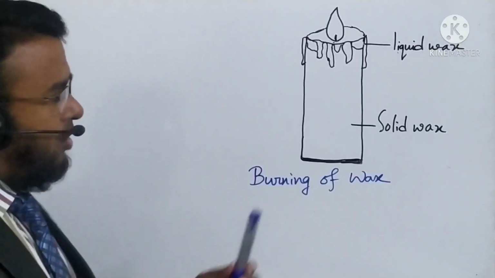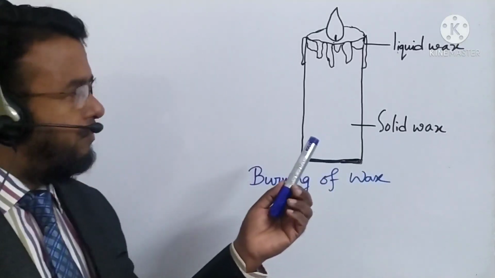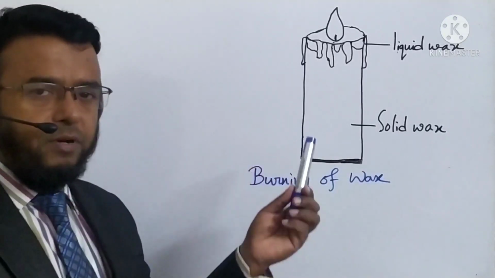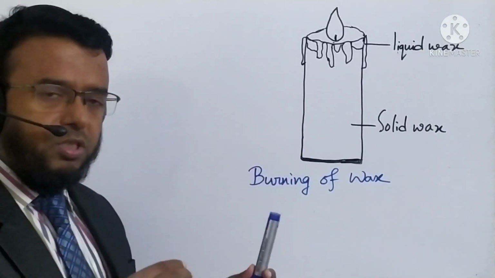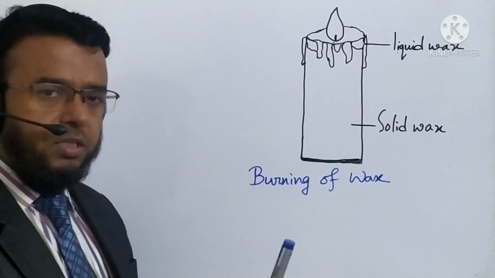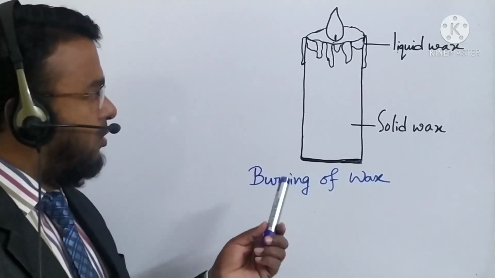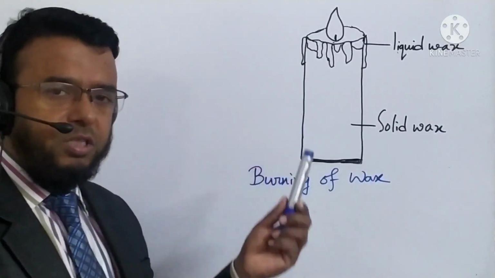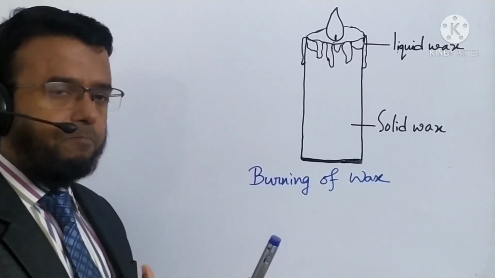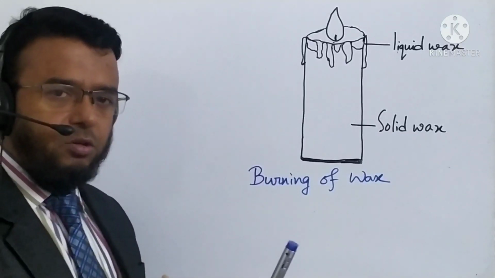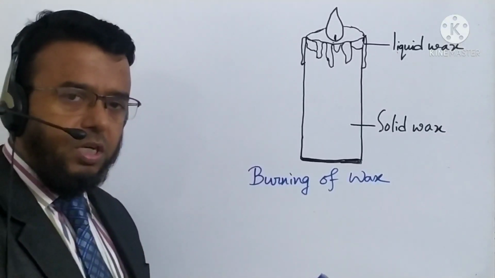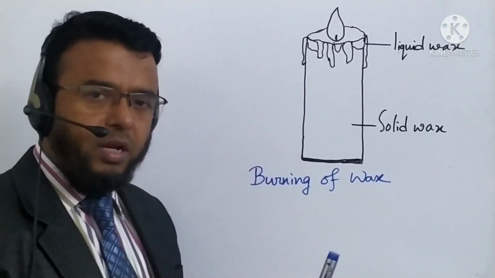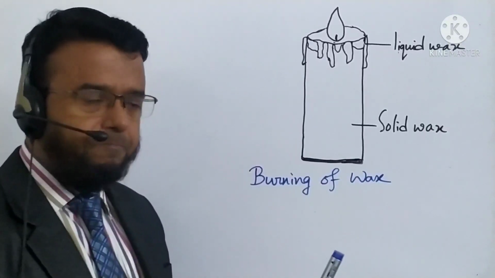Actually wax is a mixture of different hydrocarbon components. So what is hydrocarbon? The organic compounds made of carbon and hydrogen are called hydrocarbons. So if hydrocarbon is burned, then a chemical reaction occurs that produces carbon dioxide, water vapor and heat and light energy.